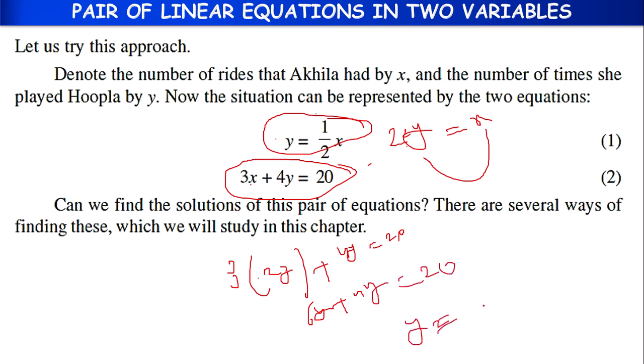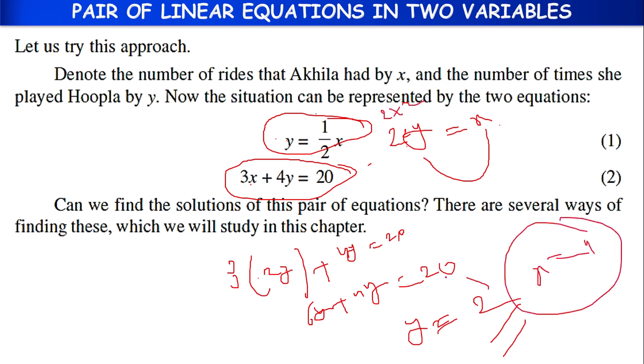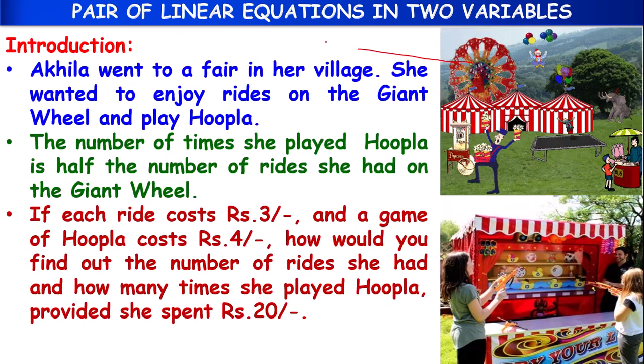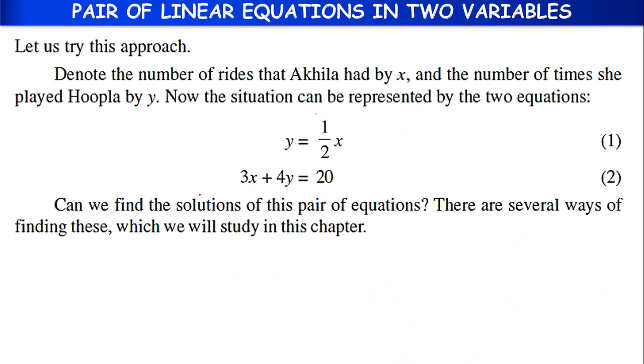So y equals 20 by 10, which is equal to 2. If y equals 2, then x equals 2 into 2, that equals 4. So x equals 4, y equals 2. x means the number of rides taken on the giant wheel. She has taken 4 rides on the giant wheel and she has played the hoopla game 2 times. So that is the answer.